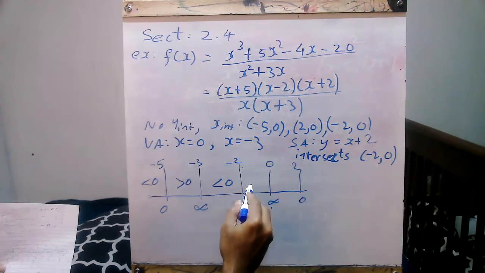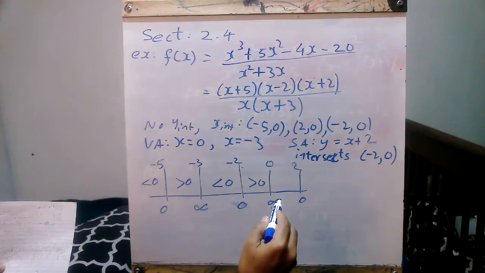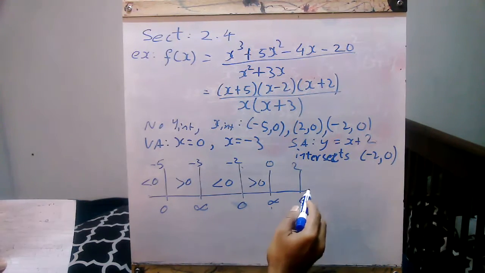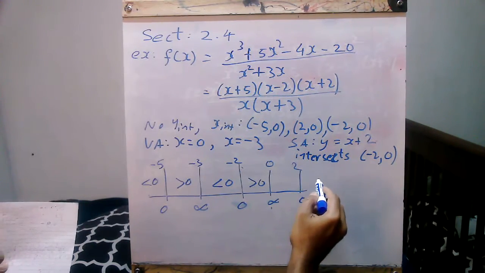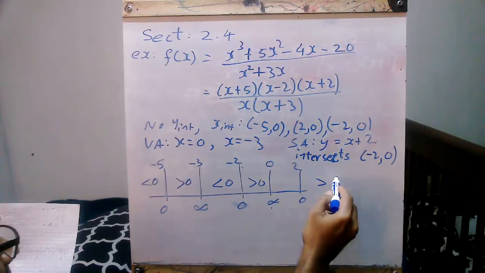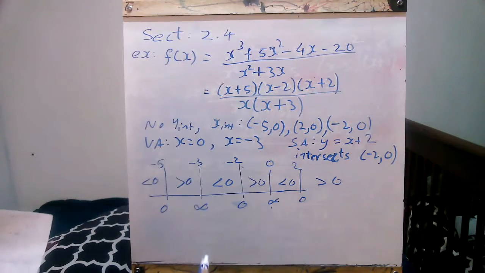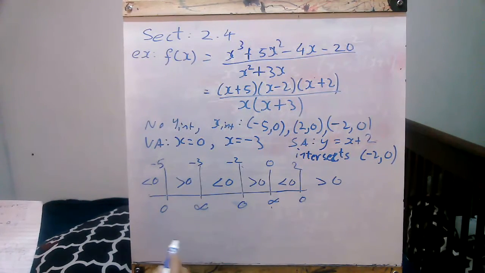Greater than 0, and in this region it is greater than 0. Okay, now we can do the graph according to this.